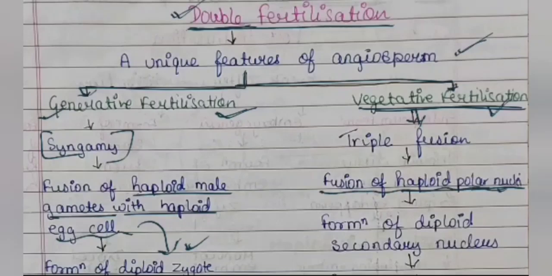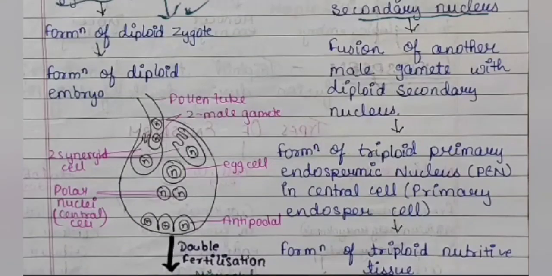The fusion of haploid polar nuclei forms a diploid secondary nucleus, which is basically the fusion of another male gamete with the diploid secondary nucleus.